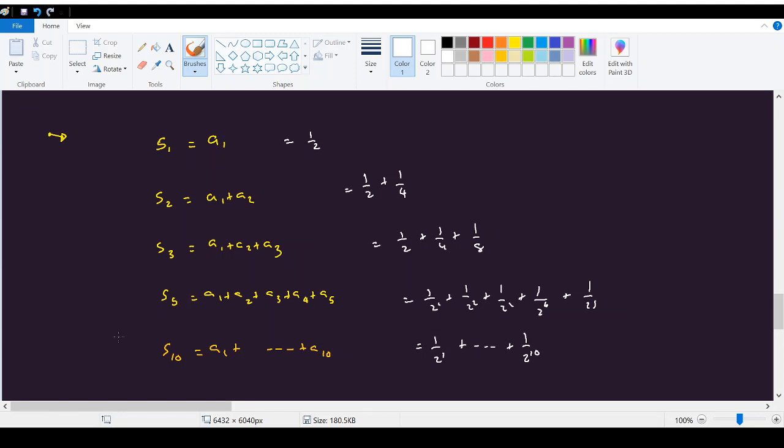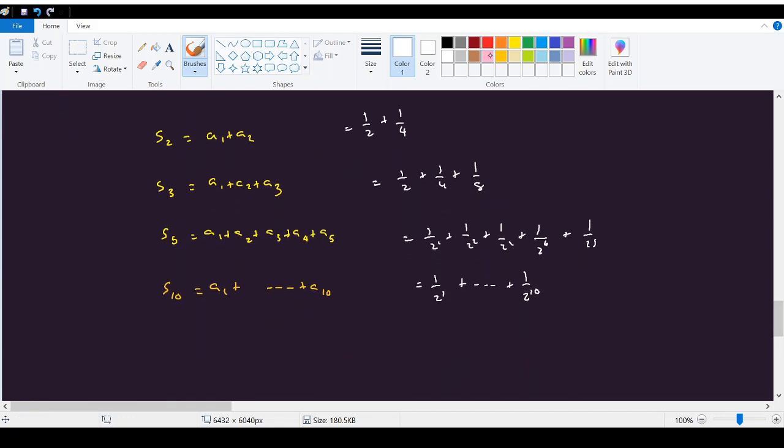These are called partial sums, the sum up to the nth term. So when you say nth term, that means we have a finite number of terms.